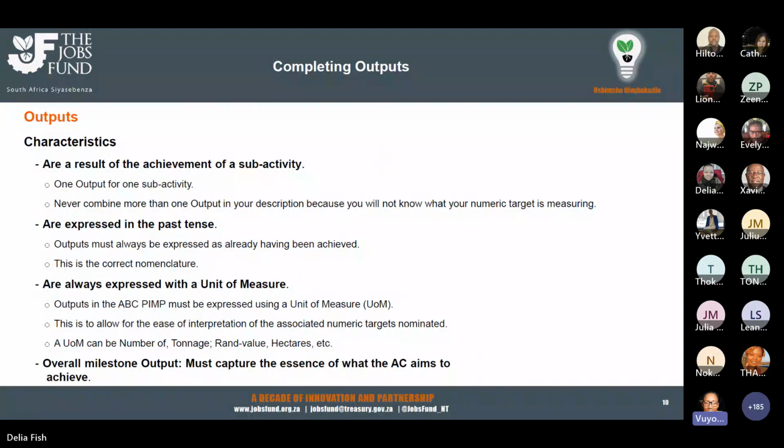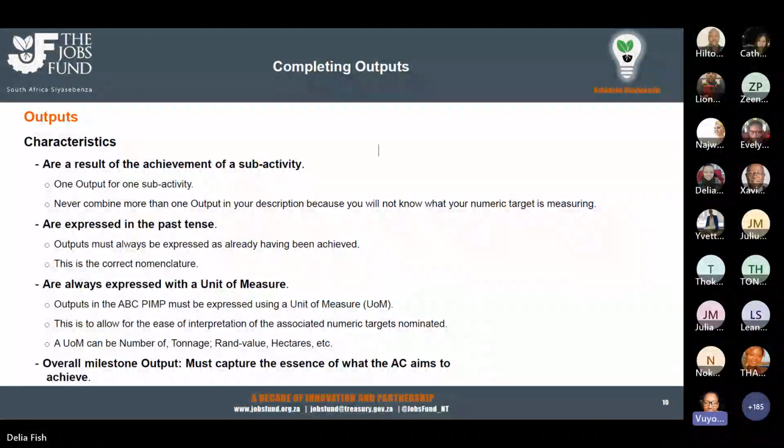Outputs are expressed in the past tense, and this just speaks to the nomenclature in terms of how these are expressed. And they're always expressed with a unit of measure. So when we are nominating an output, we have to talk about the number of something, or the tonnage of, the rand value of, or the hectares of something, right?